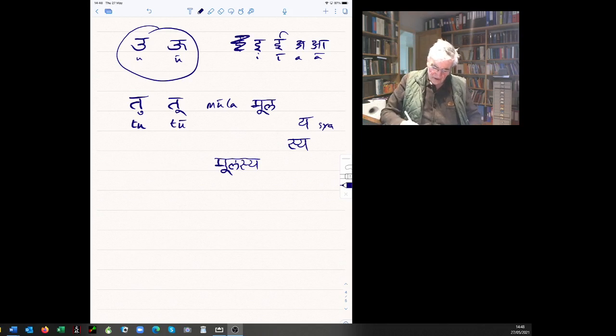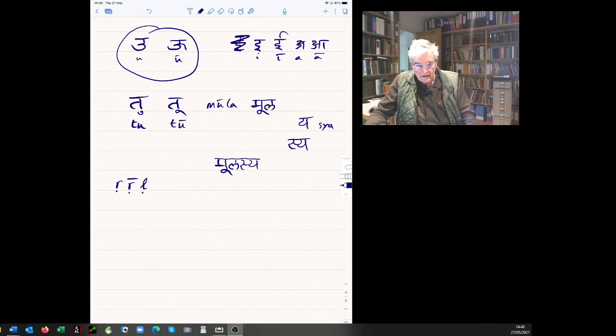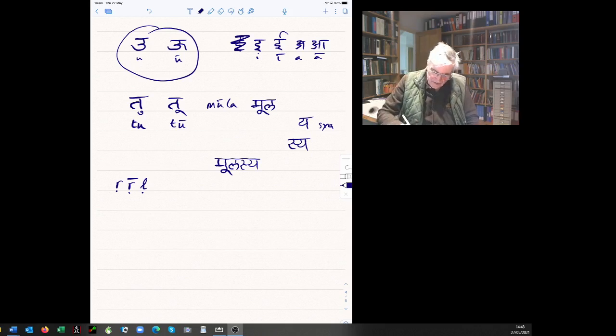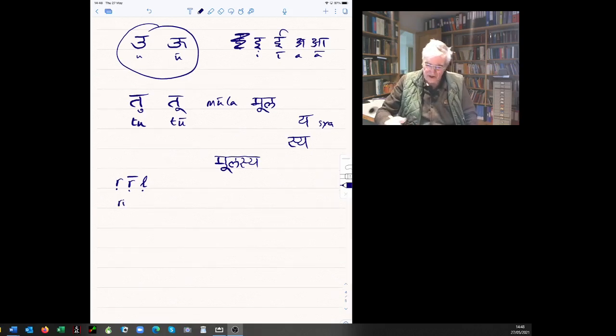Now for the letters r, long r, and l. This r, sometimes called the vocalic r, may have been pronounced r. In modern India, it tends to be pronounced as if it's written as ri, like chanting rishi.